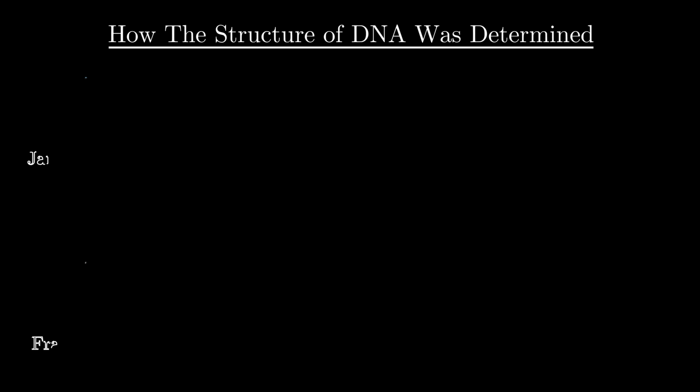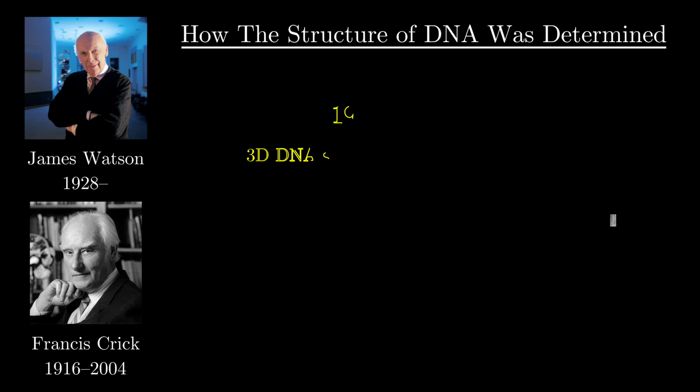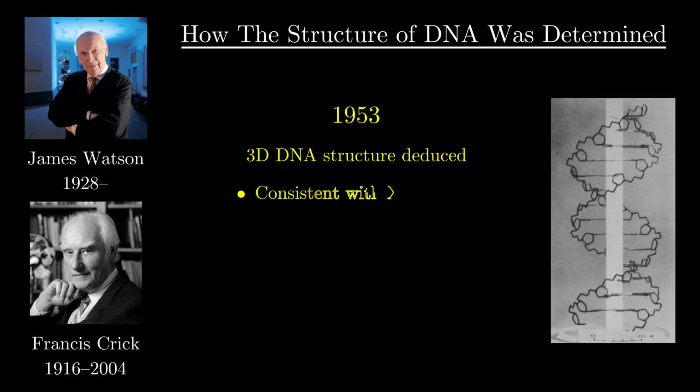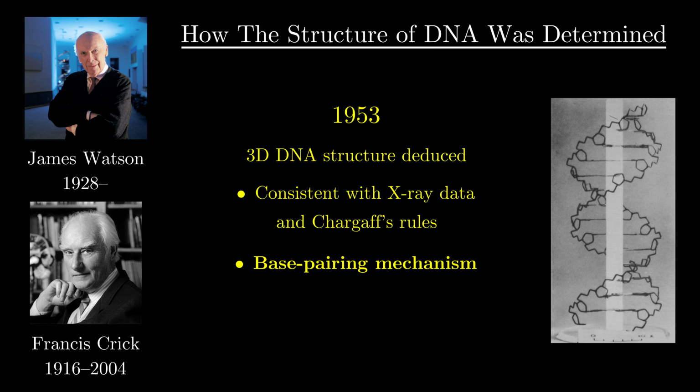Then, in 1953, Watson and Crick published a three-dimensional structure of DNA that is consistent with the X-ray structure, what was known about bond lengths and angles, as well as Chargaff's rules. The most important thing that the structure told us that wasn't known before was that guanines specifically pair with cytosines through hydrogen bonds, and similarly, thymines specifically pair with adenines.